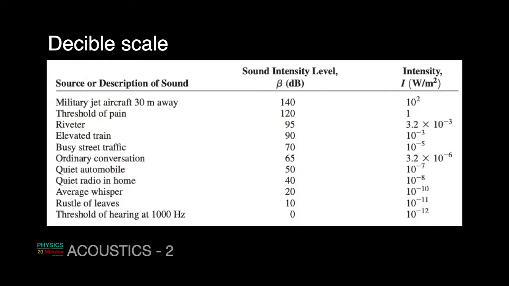So if I convert these figures into decibel, this is what I will get. 10 power minus 12 itself will become 0. And then you can see that for every 10 times difference, you just add 10 here. So from 10 power minus 12 to 10 power minus 10, it is 100 times more intense, and you add 20 in your decibel scale.